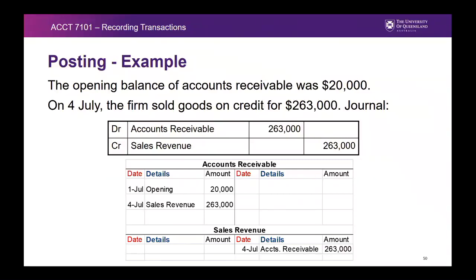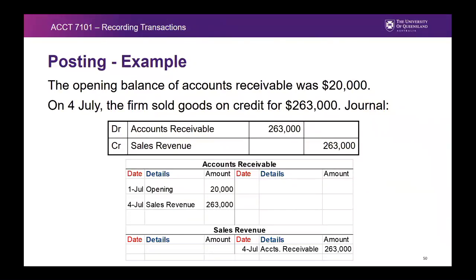And then what we'll do is post this information from the journal into our ledgers. So we have two ledgers here, an accounts receivable ledger, and a sales revenue ledger. So every account has its own ledger. And so debit accounts receivable 263, the debit side is on the left, and so we debit here 263,000 on the debit side of accounts receivable.